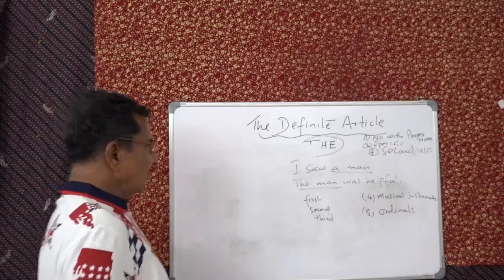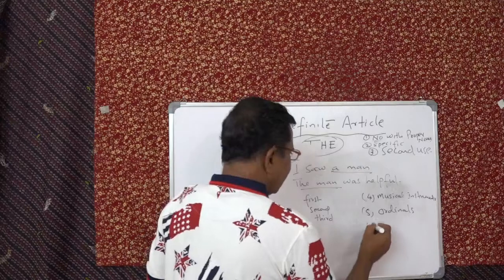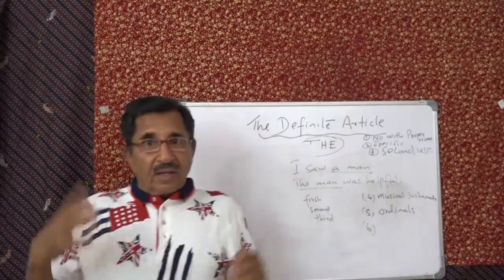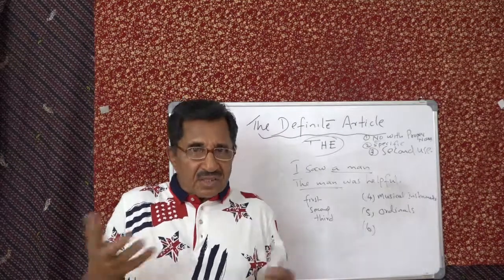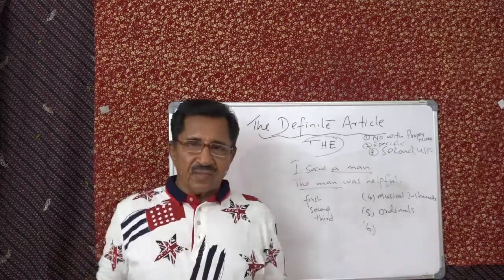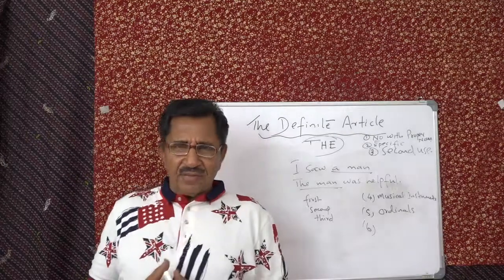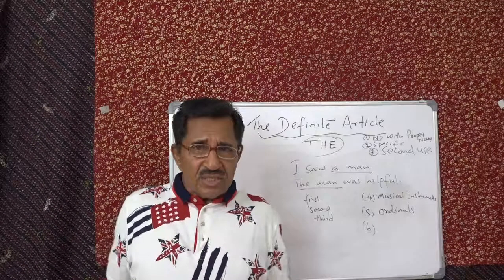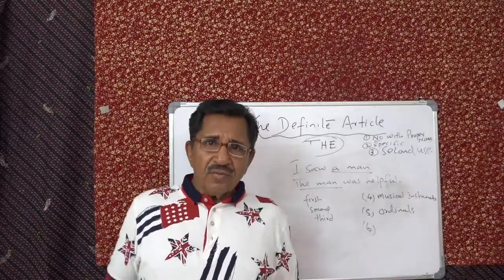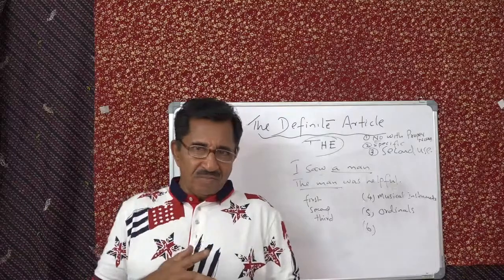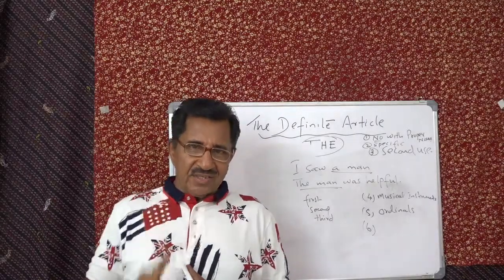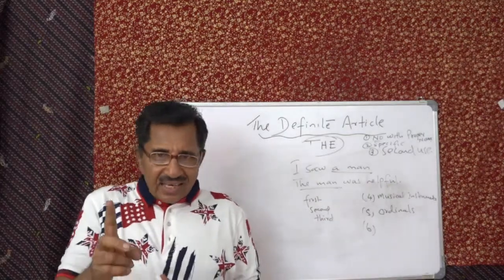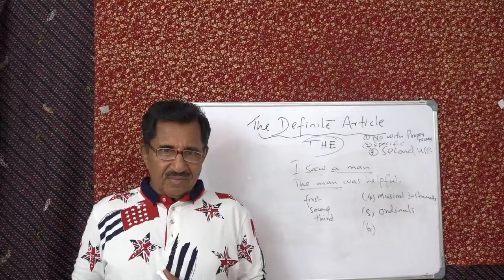Then the sixth is names of rivers, names of mountains, names of deserts, geographical features, special geographical features. Oceans, seas. So you have to use the Pacific Ocean, the Mediterranean Sea, the Indian Ocean. Understand?